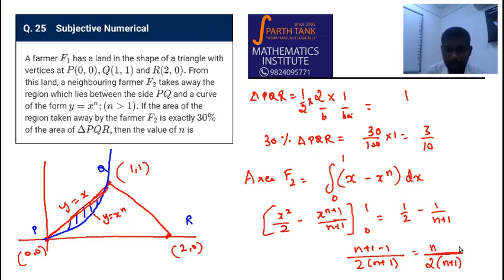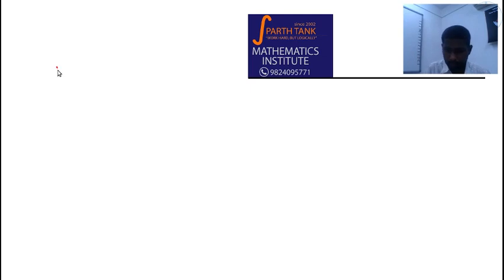Alright, this LCM would be n plus 1 minus 2 by, so n minus 1 upon 2 times n plus 1. So if n minus 1 upon 2 times n plus 1 is the area of farmer 2, this is equal to 30% of that area of farmer 1.